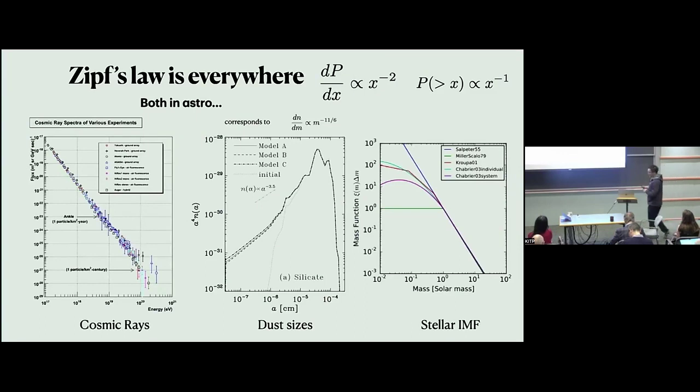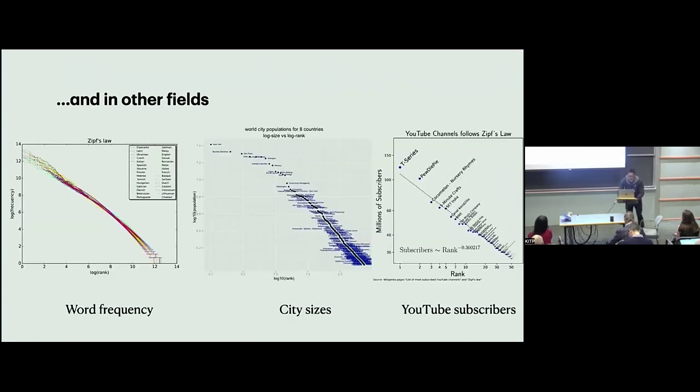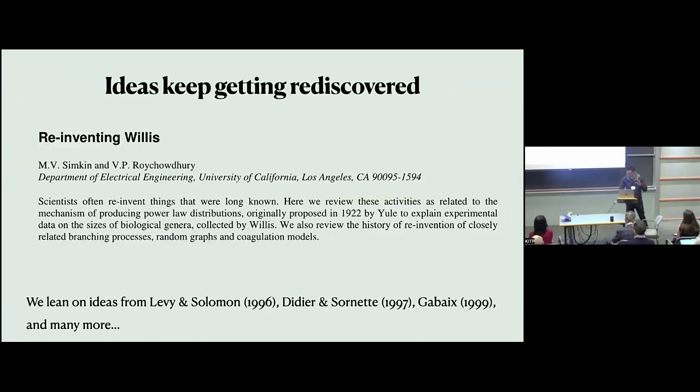The IMF to some extent, and it appears in many fields outside physics, right? The original field that Zipf talked about, city sizes, if you take the population, and YouTube subscribers, income, the S&P 500 capitalization, all kinds of stuff.